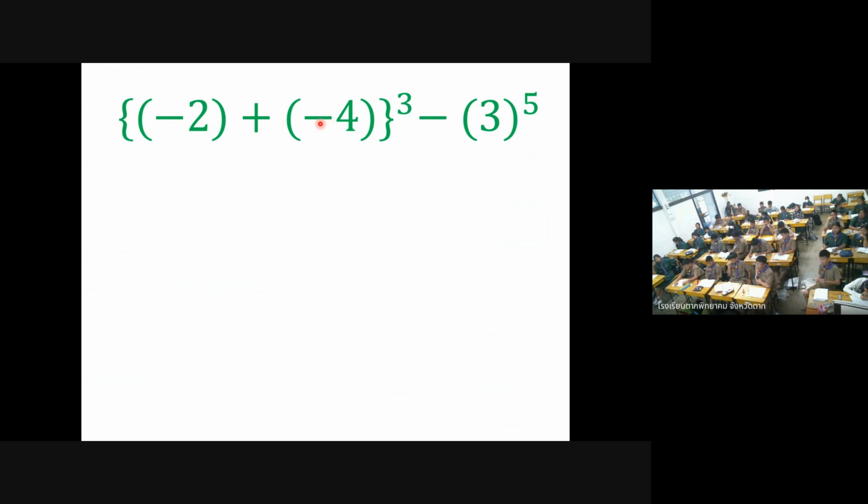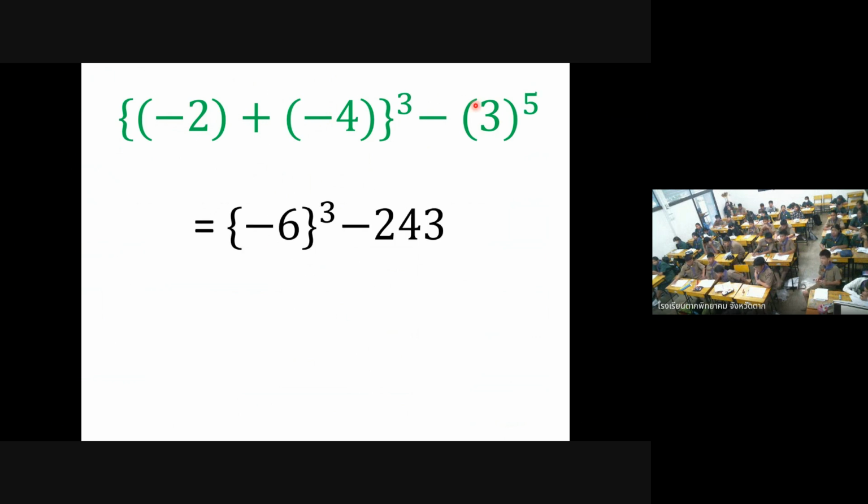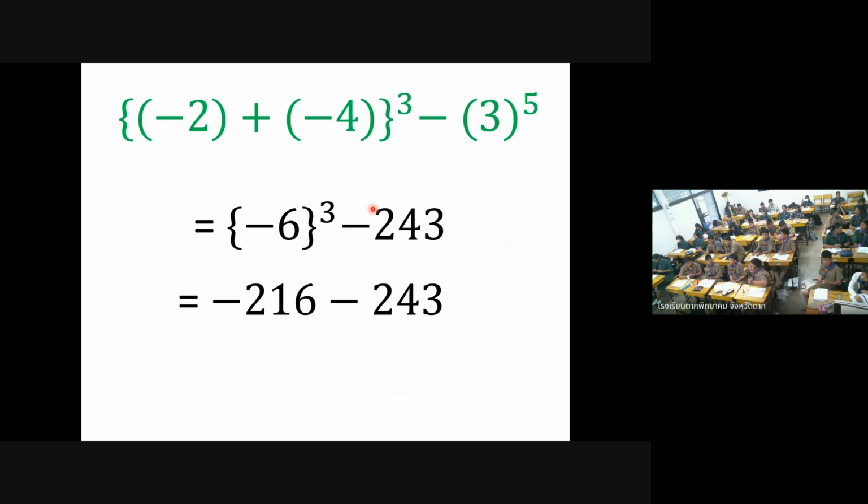What is negative 2 plus negative 4? That's negative 6. Negative 6 to the power of 3 is negative 216.